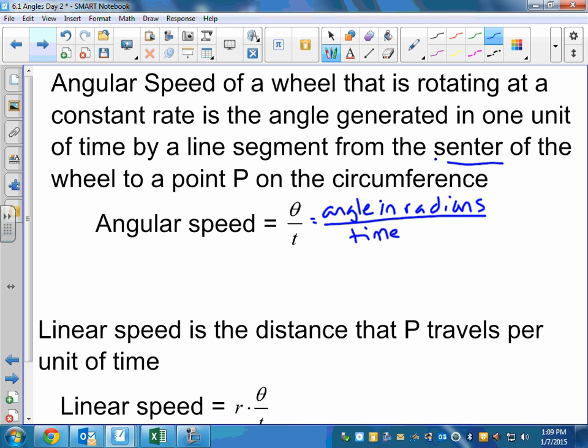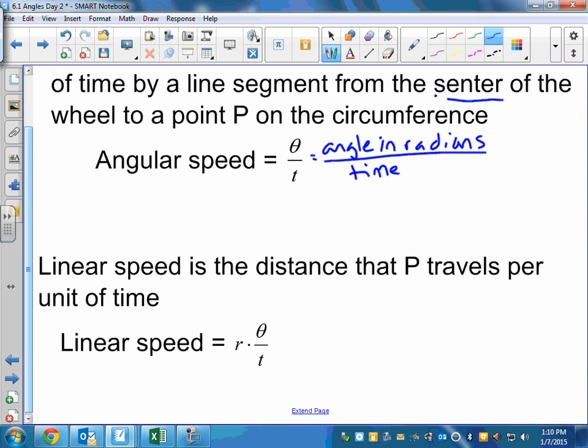Linear speed is a distance, and so it's a lot easier for us to visualize because it gives you something in feet per second, so you can imagine it a little bit better than angular speed. And again, it's another formula. I know there is a question about either arc length or area of a sector on the quiz, so I'm guessing that's going to be on the unit test as well.